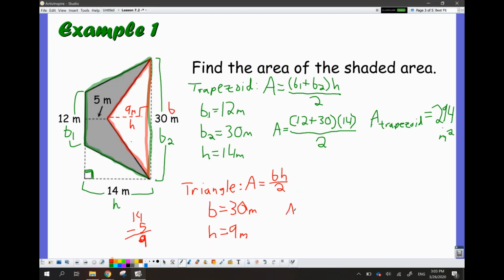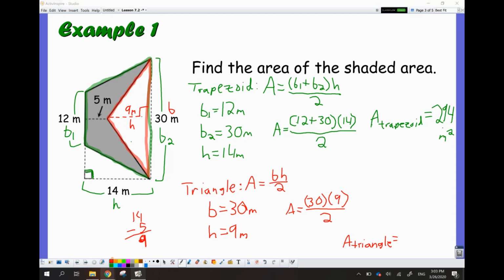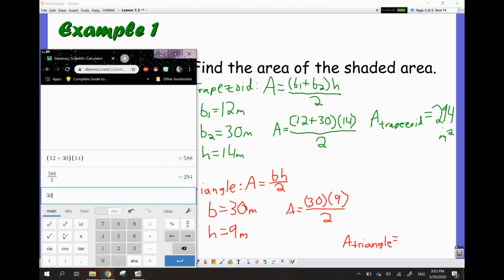So A equals base 30, and I'm going to put that in parentheses so that I know I'm going to multiply, times 9. Then this divided by 2. And again, I'm going to find the area of the triangle by plugging this into the calculator now. So if I go to my calculator, I have 30 times 9.